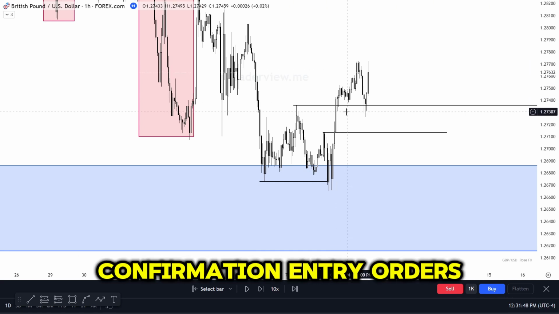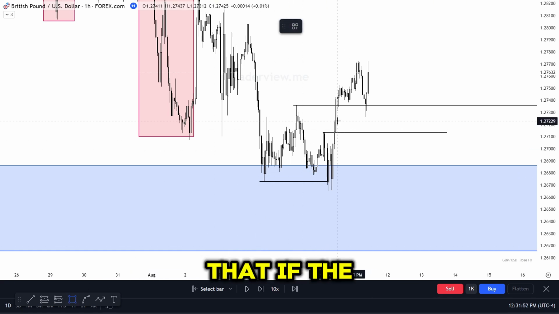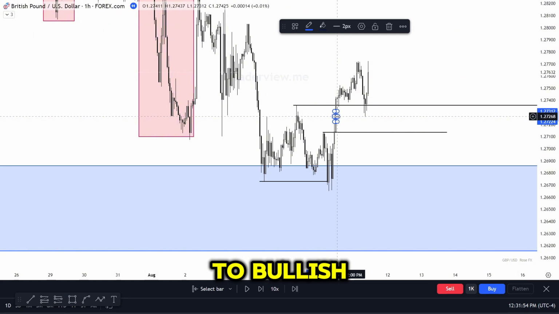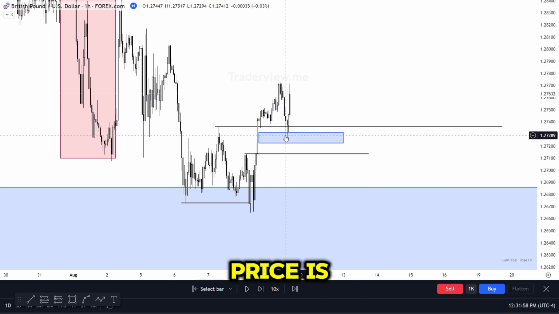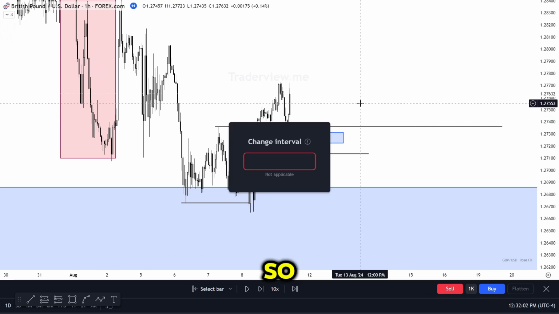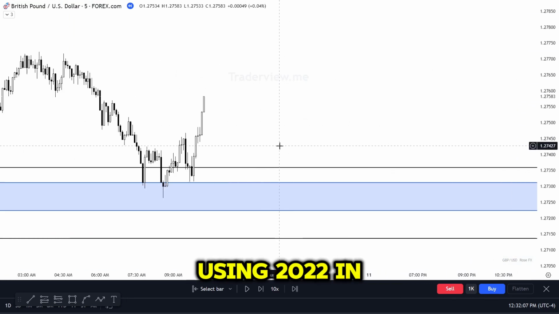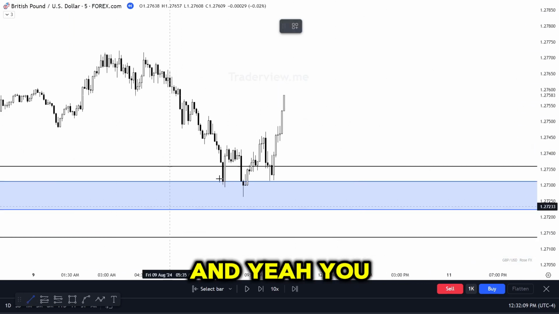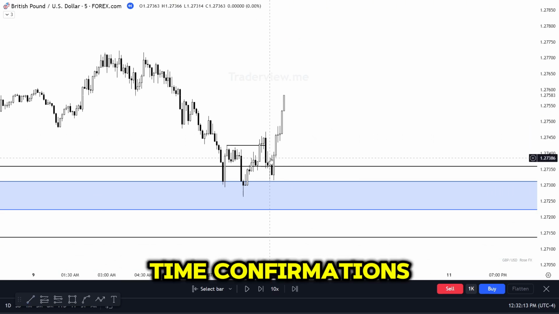For the confirmation entry, or as for the low risk entry, I can say that if the price is respecting bullish PDRAs and breaking highs like this, then most of the time the price is bullish. That means order flow is bullish. So over here I can easily take a trade using the 2022 entry model, and you can see if I take a trade over here and wait for time confirmations.